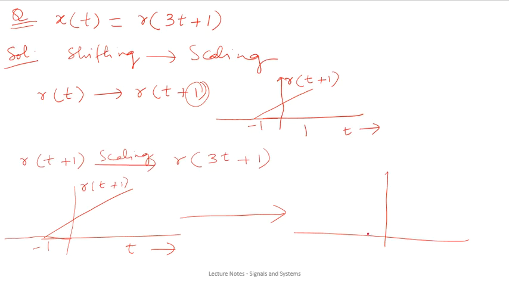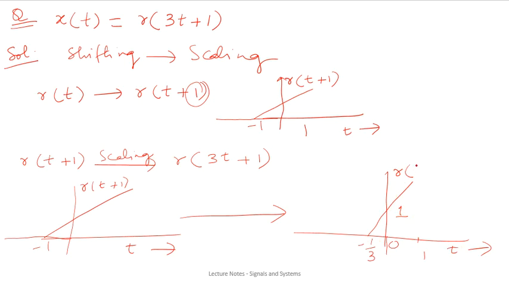That means you will obtain something like this: minus 1 by 3, 0, and then 1, and so on.